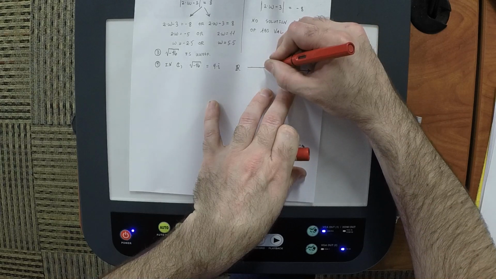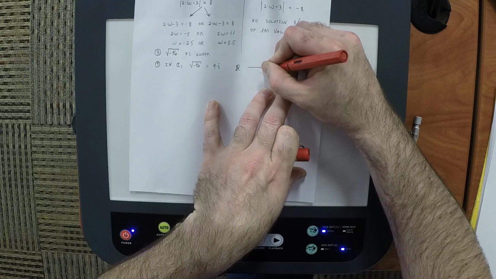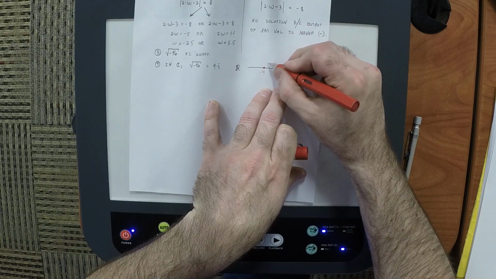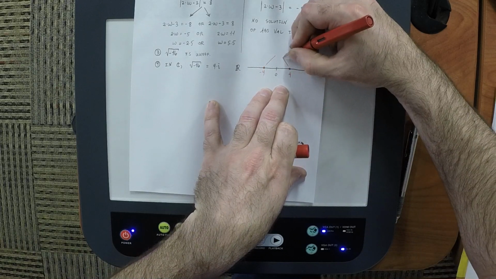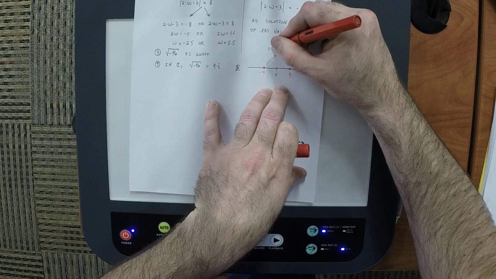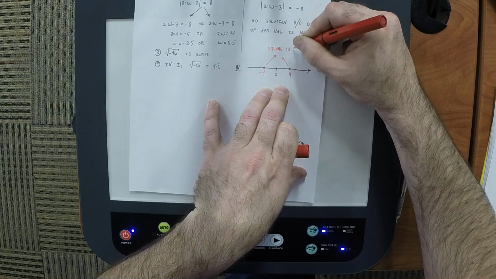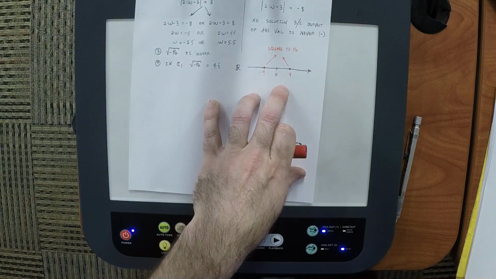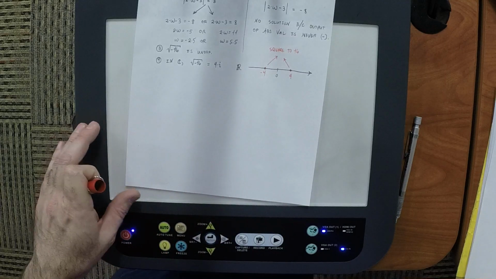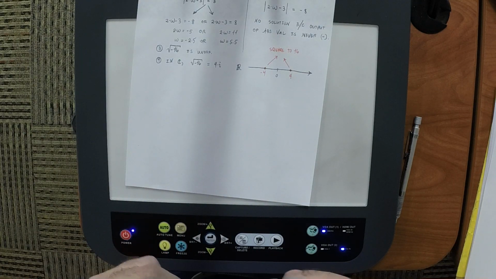So 4 and negative 4 will square to 16. And then among the reals, there isn't anything that would square to negative 16.